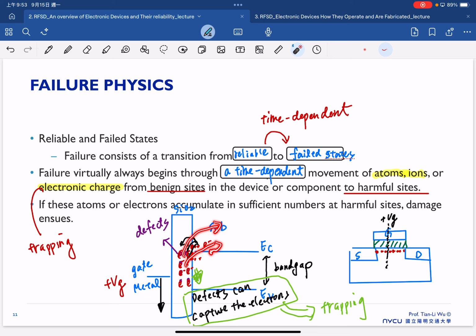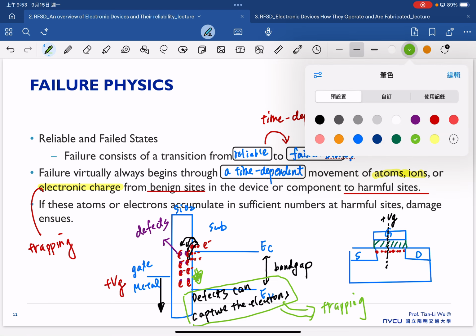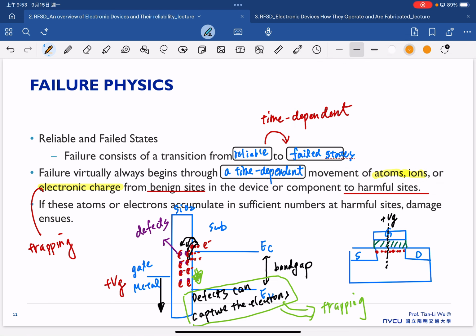This is the phenomenon we call detrapping. Because of this trapping and detrapping dynamics, which are related to bias and temperature, we call this phenomenon bias temperature instability.